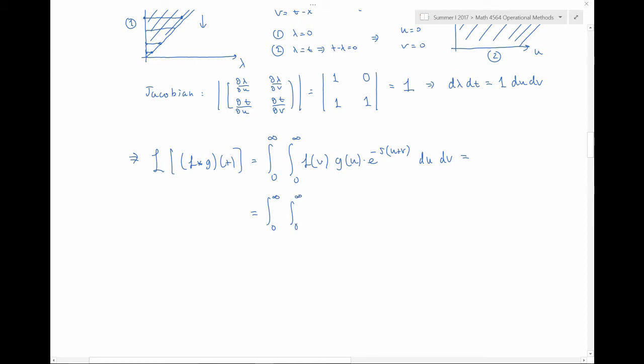I'm going to break the exponential part into a product and write f of v with e to the minus sv together, and g of u with e to the minus su together.